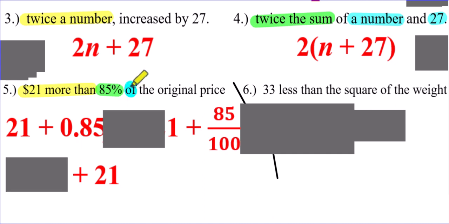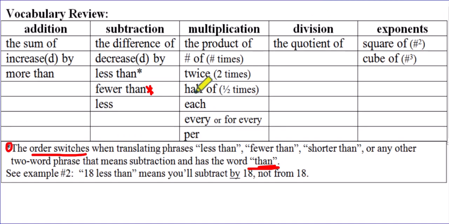85% of. Now, remember what I showed you in the chart. When you have a number followed by the word of, that unique situation will be when the word of means times. If something else is before the word of, like sum or difference, then it won't mean times. But if it's a number, and then immediately to the right of that number is the word of, then the word of means times.